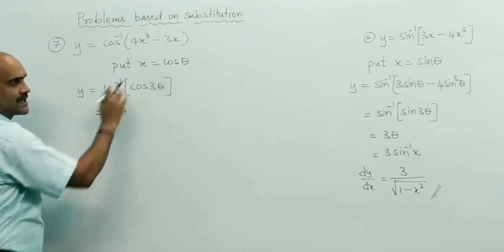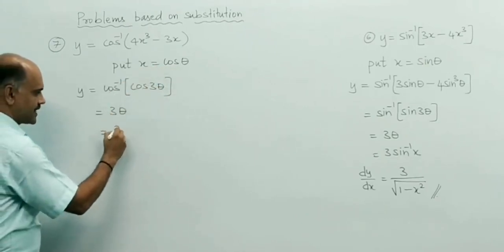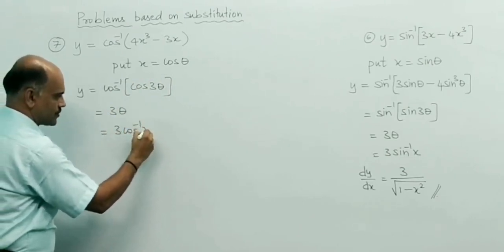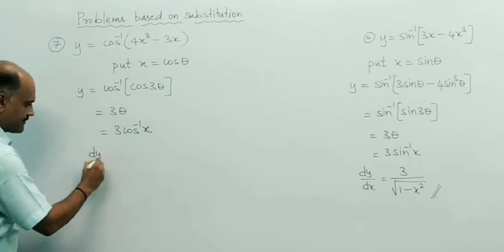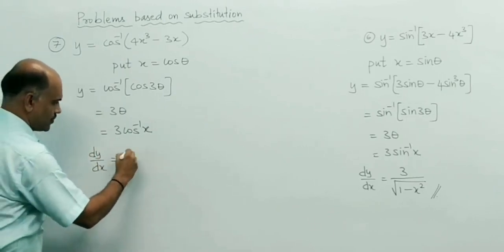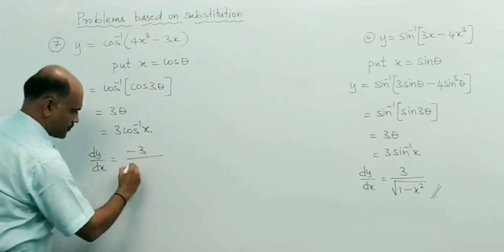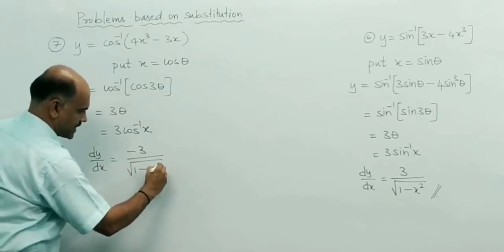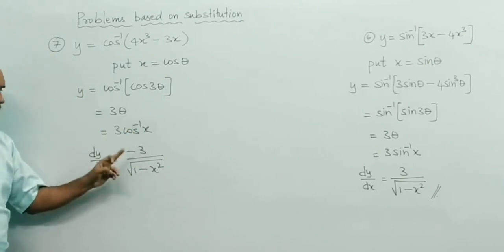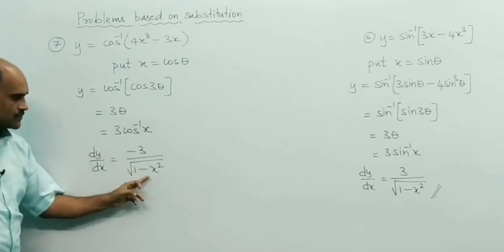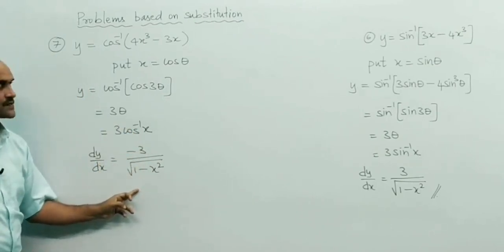So theta will be nothing but cos inverse x. So 3 cos inverse x. Now you differentiate. dy by dx is equal to minus 3 by root of 1 minus x square. 3 as it is, differentiation of cos inverse x is minus 1 by root of 1 minus x square.